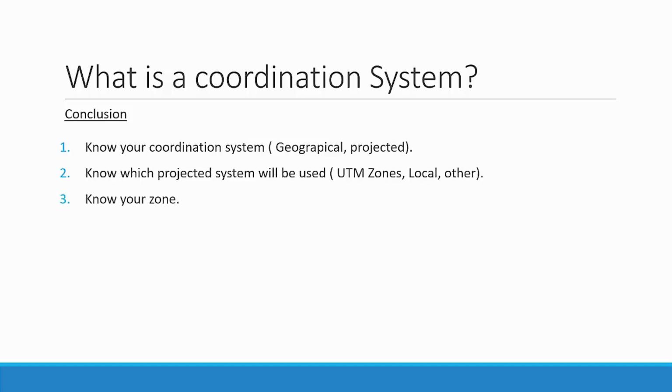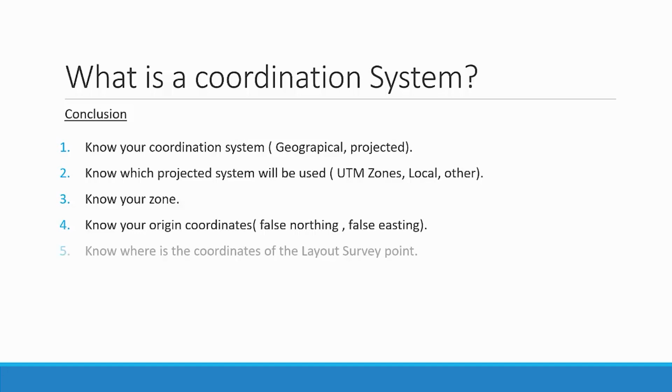And if it's a UTM coordinate system, you have to know which zone you're working with, and you also have to know the origin coordinates. Does it have false easting and false northing? What are the coordinates of the origin?